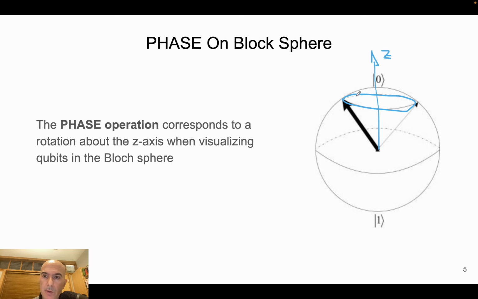When we work on the Bloch sphere, the distance from state 0 is basically the probability of measuring 0 or 1, and this transformation doesn't change the distance from state 1 and state 0. So it doesn't change the probability of measuring the qubit either in state 0 or 1.